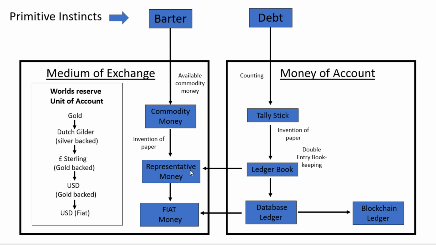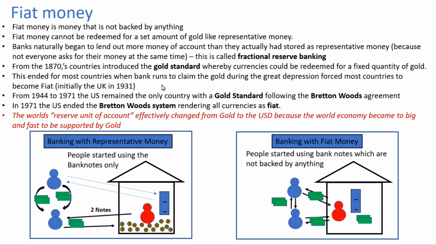And then in the 20th century, we had this switch over from representative money to fiat money. In fact, even when we go back as recently as, say, 1971, the world did have actual currencies backed by gold or silver. Now, it was kind of tainted a bit because we had fractional reserve banking in place, and most of the countries were lending out more money than they had actually stored.